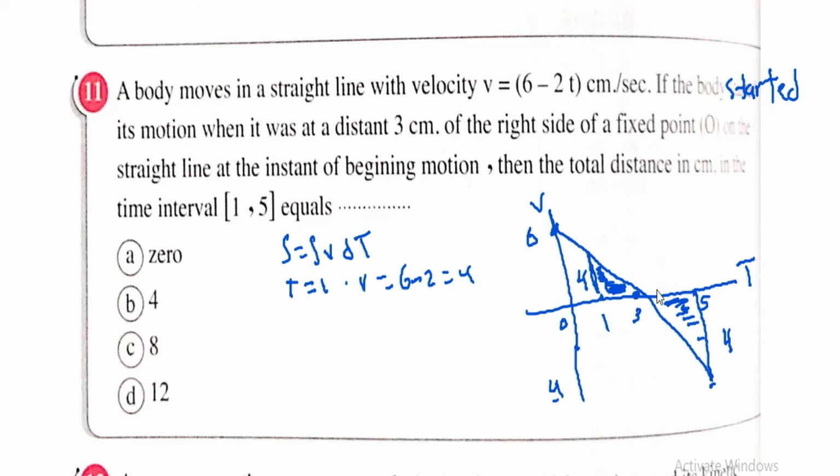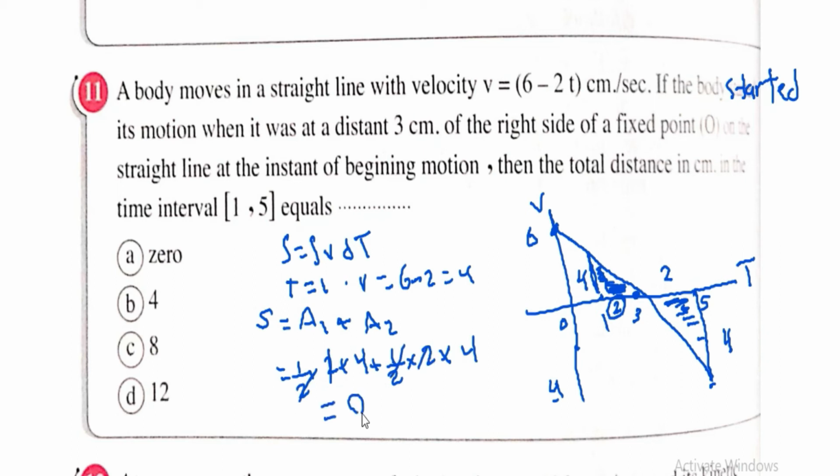S equals area 1 plus area 2, equals half times base 2 times height 4, plus half times base 2 times height 4. So 4 plus 4 equals 8. The answer is 8. The total displacement from 1 to 5 is 8 units.